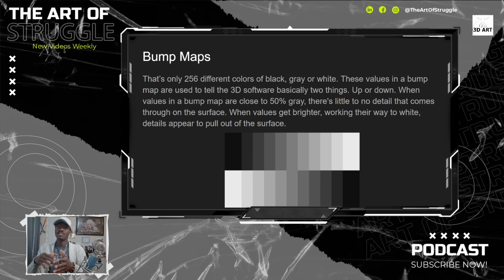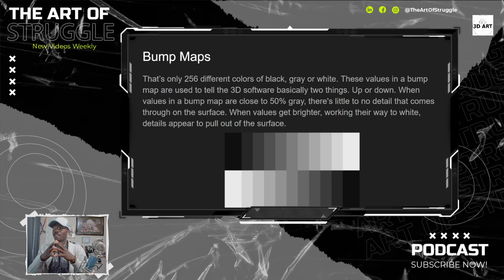These values in a bump map are used to tell the 3D software basically two things: up or down. When values in a bump map are close to about 50% gray, that means there's little to no detail. So if it's 50% gray, you would think about it as halfway. Then if you go black, you're going down. If you're going white, you're going up.